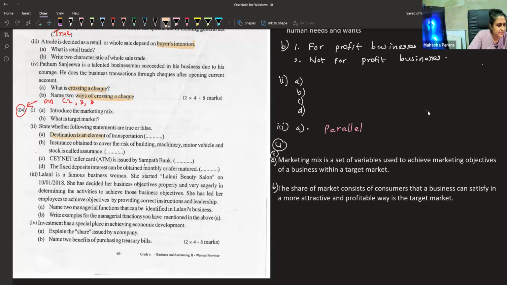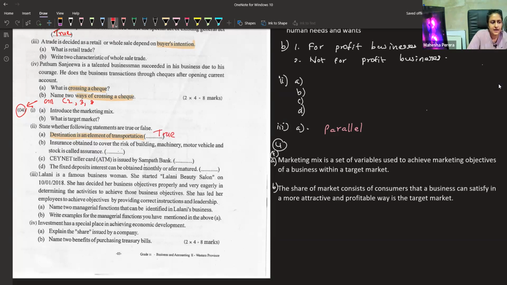Destination is an element of transportation. Is this true or false? Everyone answer. The marking scheme says true.